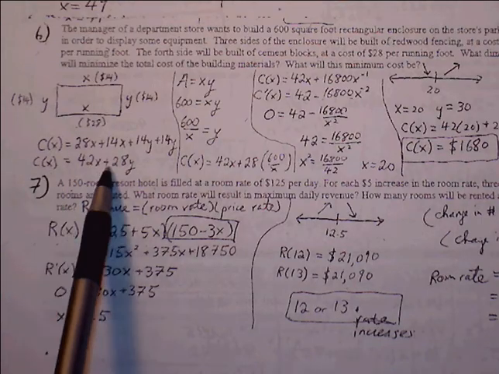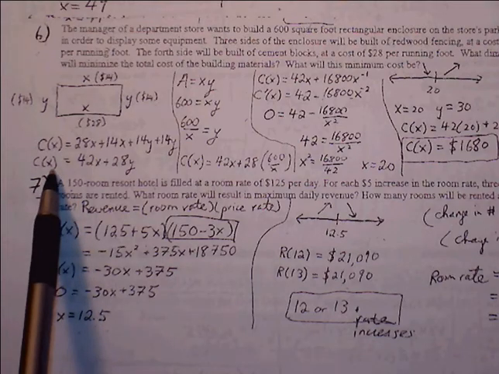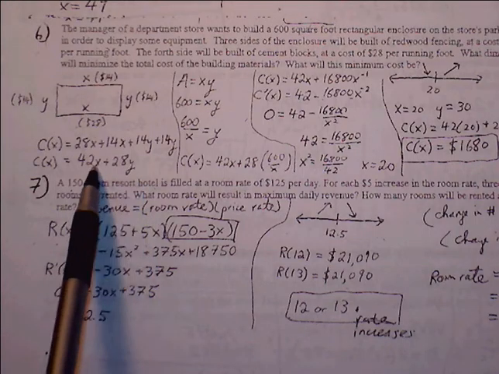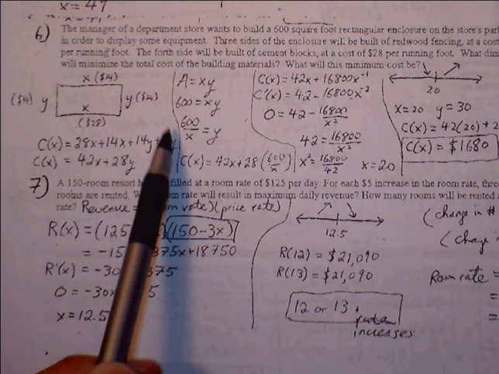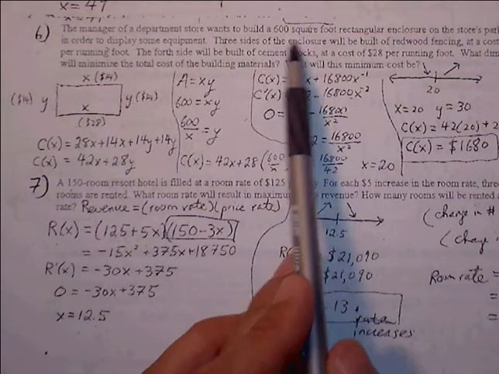Our goal is to find the derivative of the cost equation, since we're trying to minimize cost. But before we do that, we have to get our equation down to one variable. So we have to use another equation to help us, and that's going to be area, because we're given information about area.